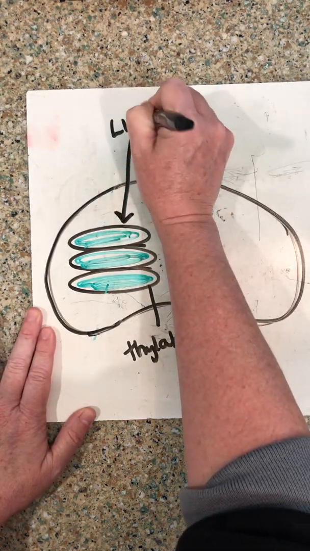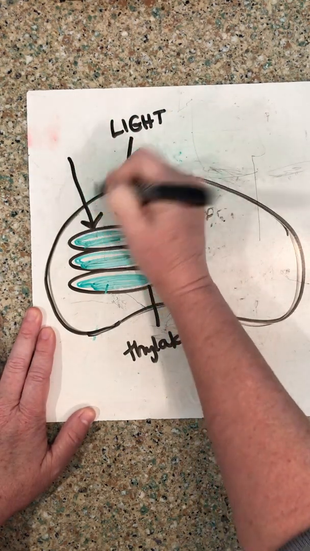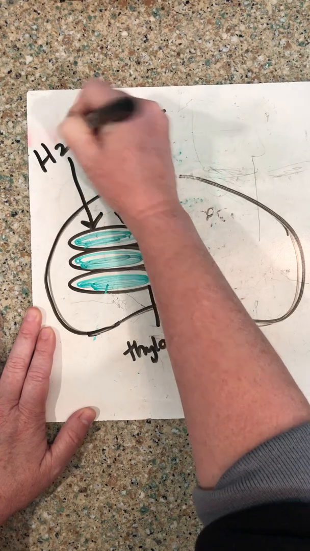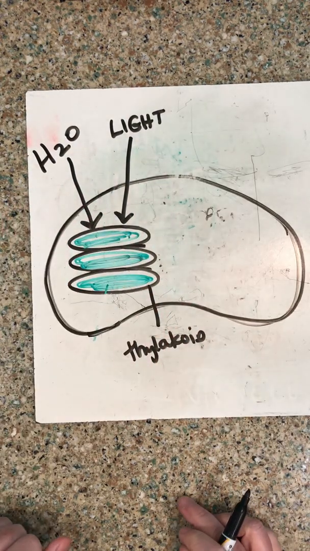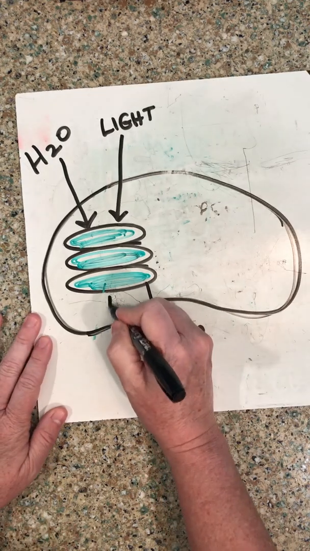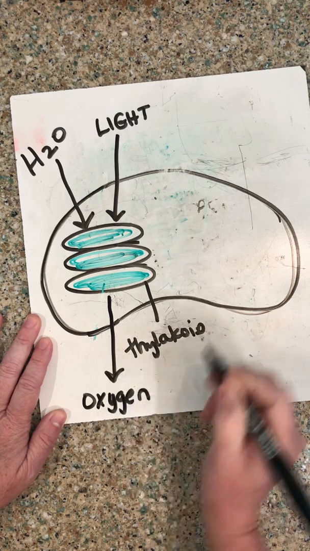Light comes into the thylakoid, and this is also where water comes in. So light and water come into the thylakoid, and their waste product is oxygen.